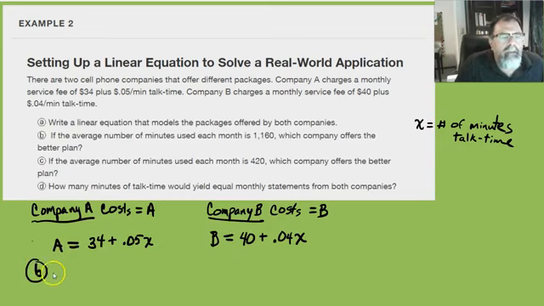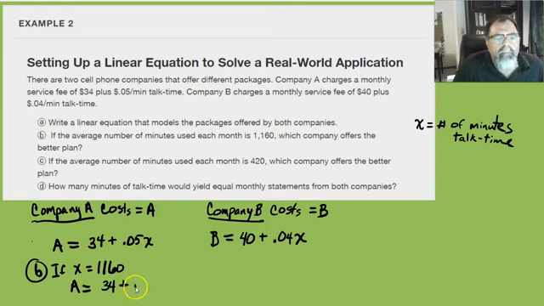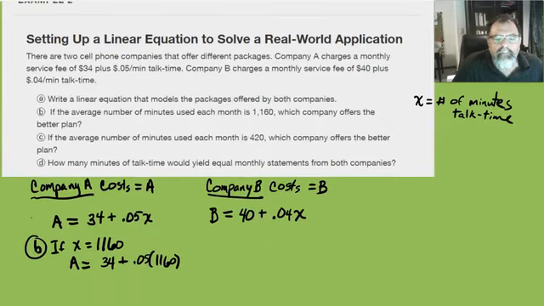Okay, so if x is 1160, the cost for Company A is going to be $34 plus 0.05 times 1160, and then we just punch this into our calculator and we get $92.